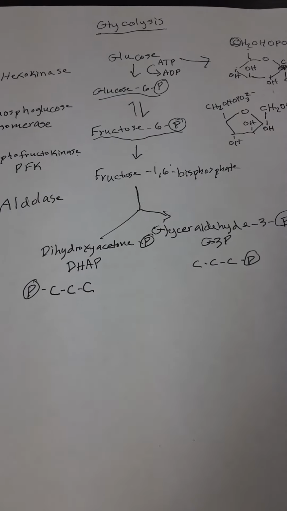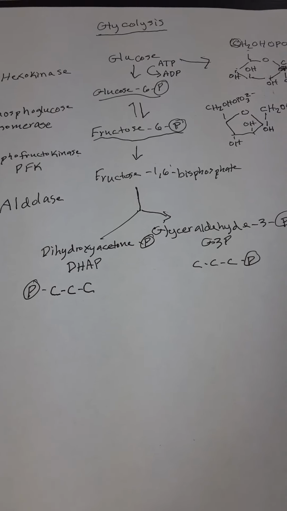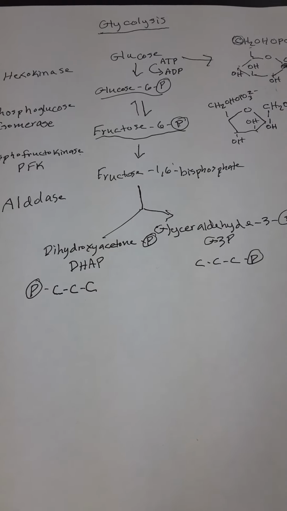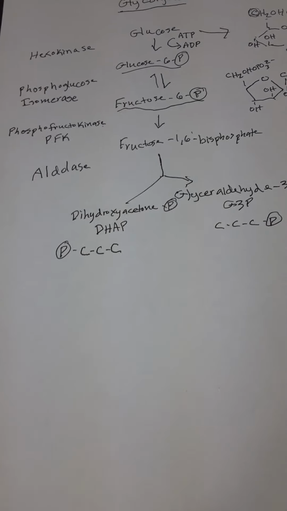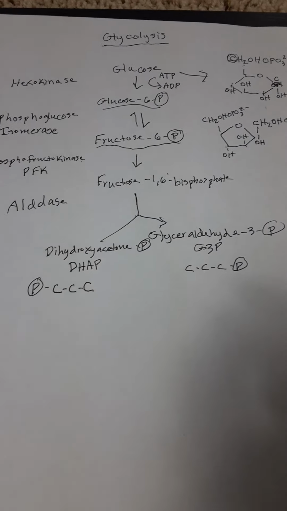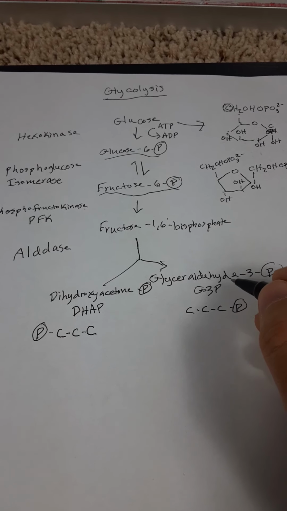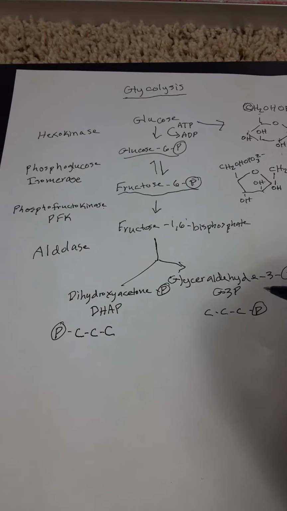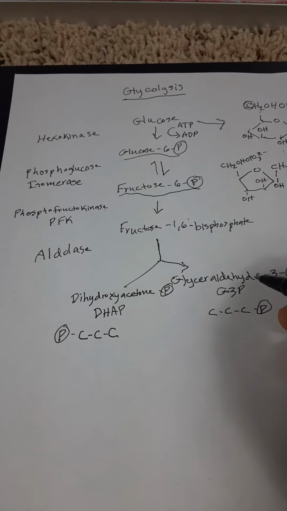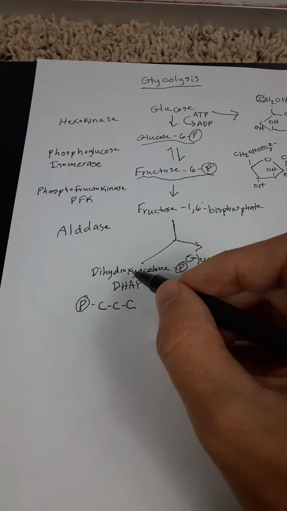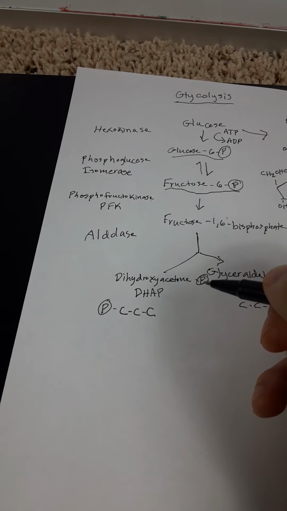And now scientists, we know after lots of studies that even though it's the same structure, just having it flipped like that, it acts completely different in the human body. Okay. Now, glyceraldehyde 3-phosphate is actually what we're going to be working with to continue through the process of glycolysis, excuse me. This one will not go through glycolysis.